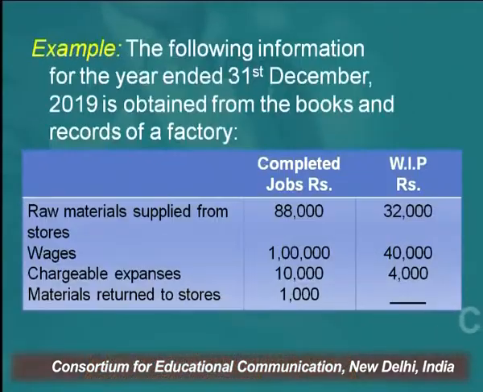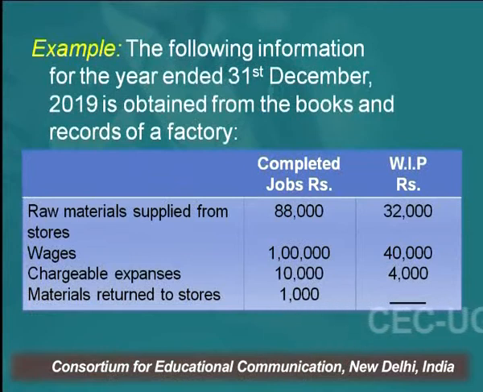In the remaining time, let's discuss very quickly one more example, so that we can have more clarity about how you prepare the job cost sheet, or how you prepare the costing under job costing. The following information for the year ending 31st December 2019 is obtained from the books and records of the company.